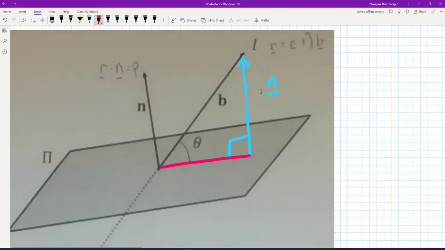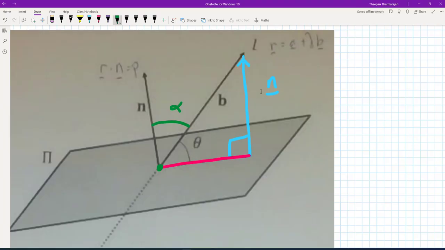Now, what's important, earlier in this chapter, or in earlier videos, I would have talked about something called the dot product. The dot product gives the angle between two vectors, which we're going to call alpha. The most important thing is both vectors must be going away from the point.